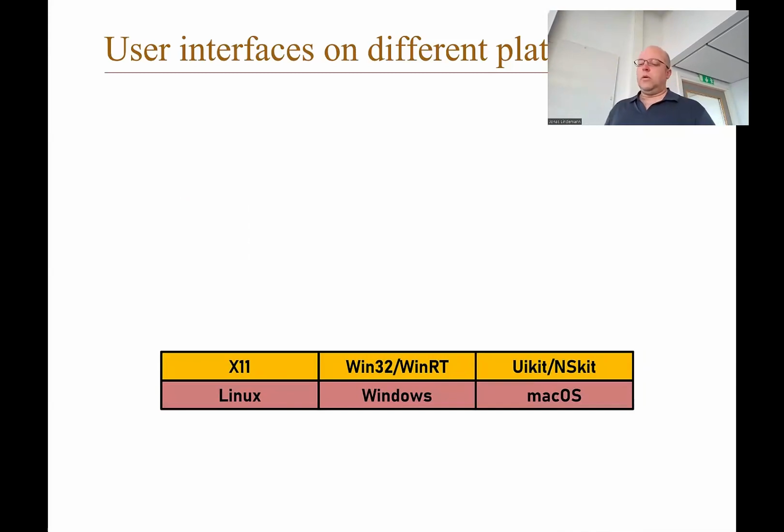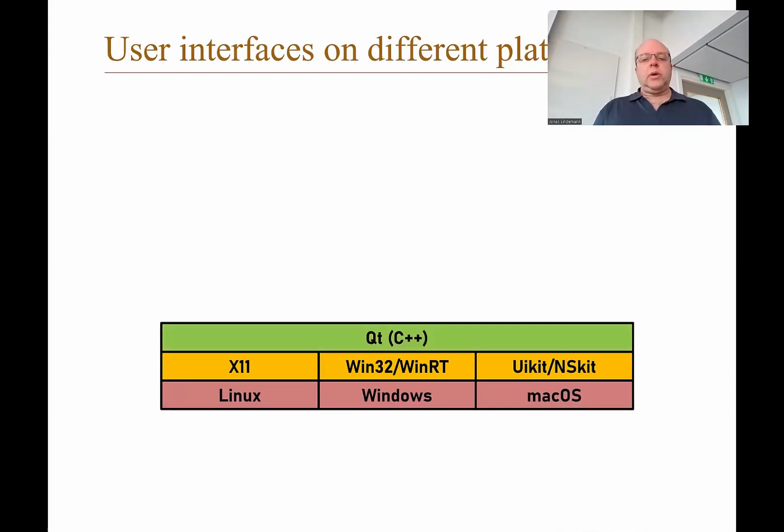So if we remove these here, and we add some layers, one layer we put on top is something called Qt. Qt is a C++ library, which implements a separate layer that kind of hides the platform details from the user. So you write code only once, and you don't have to change it on the different platforms.